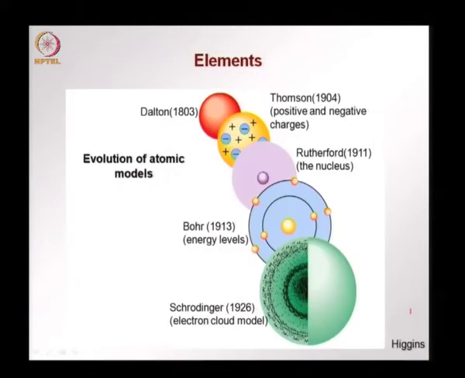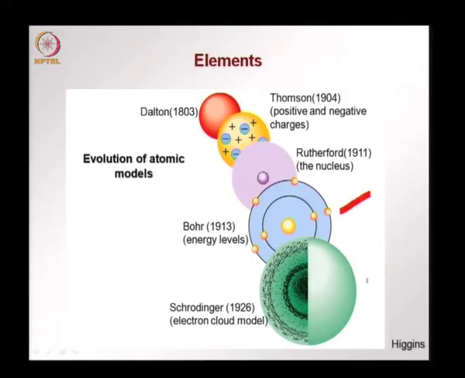Now, the atomic model has evolved over a long period of time. Dalton in 1803 looked at the atom as an indivisible particle. This has changed a lot. Thomson in 1904 found that the atom had positive and negative charges. Rutherford found that the atom had a nucleus, and then Bohr found that there were energy levels with electrons moving around the nucleus in different shells.